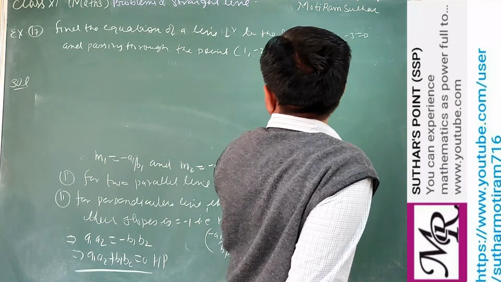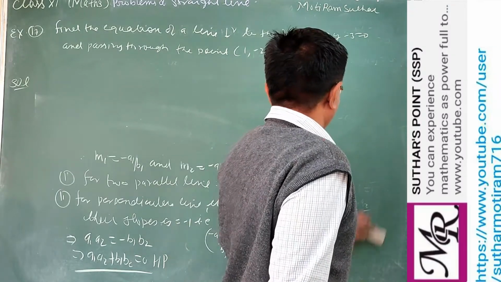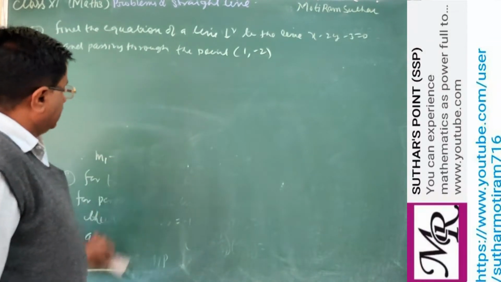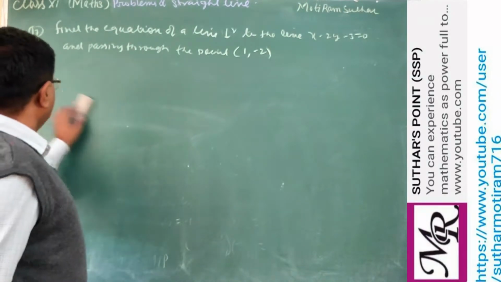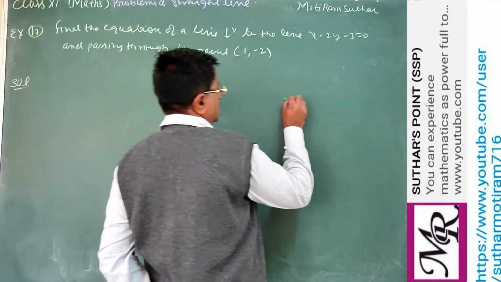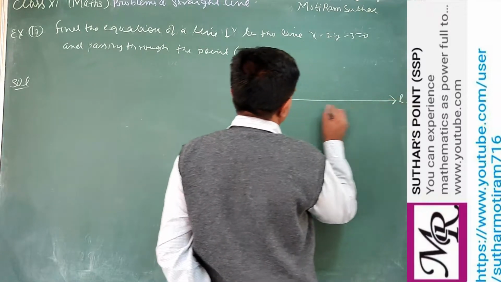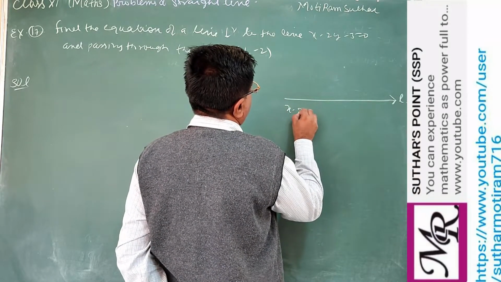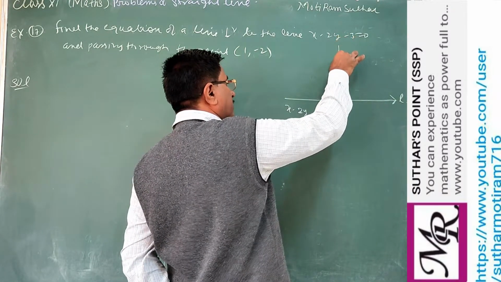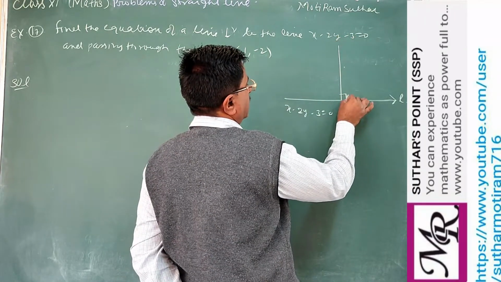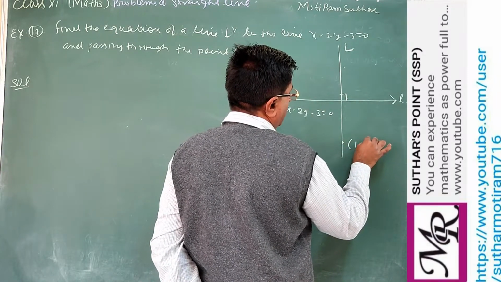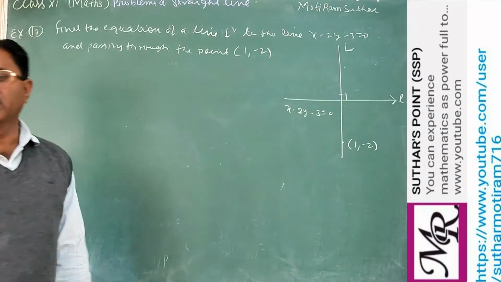So now we are again given two conditions. The required line, whose equation we have to find, passes through the given point and is perpendicular to the given line. Suppose our given line is this; its equation is x - 2y - 3 = 0. Our required line is perpendicular to this one, and it also passes through a point whose coordinates are given.